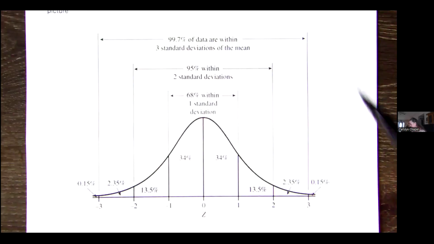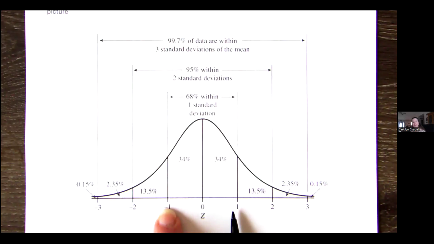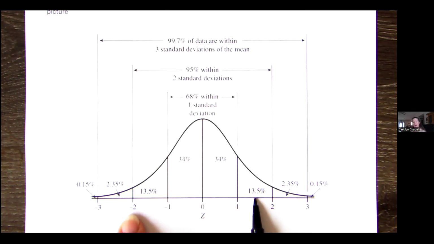But we have, again, 68% between -1 and 1. Dividing that in half gave us the 34 and the 34. Taking the 95 from -2 to 2, we found that 13.5, which was just in that last example. And again, it is symmetric, so 13.5% on both sides.